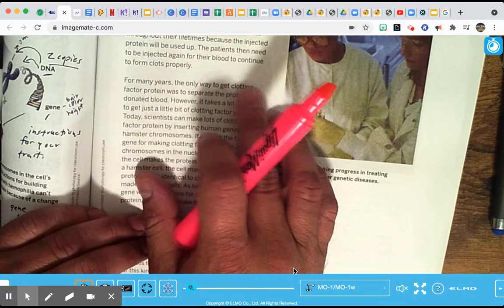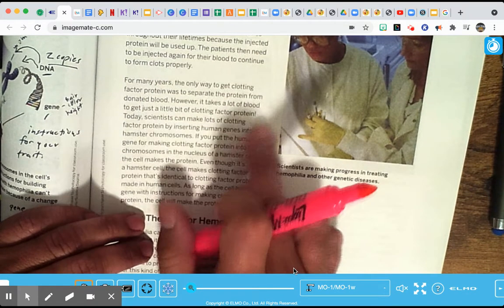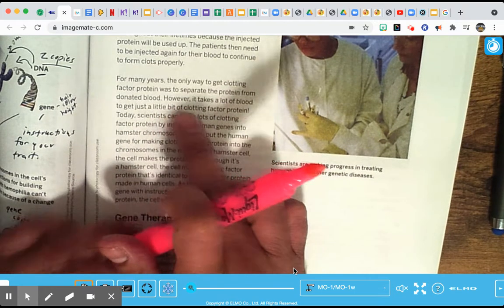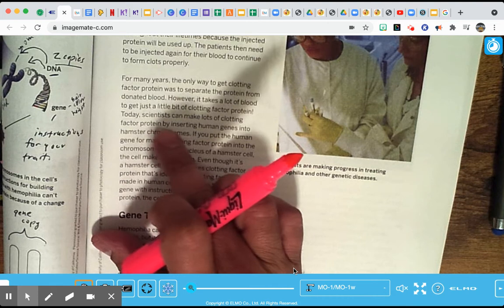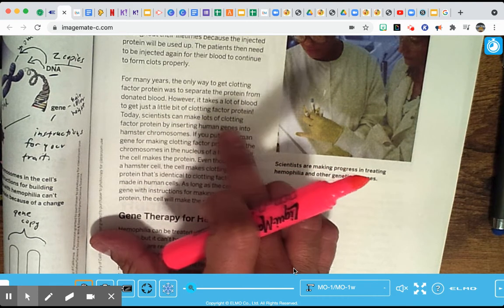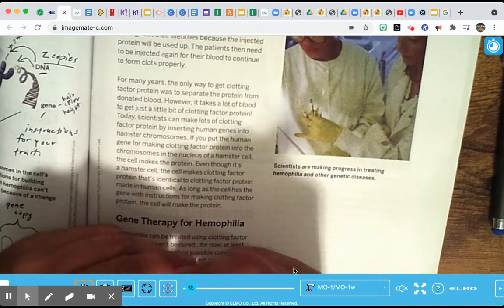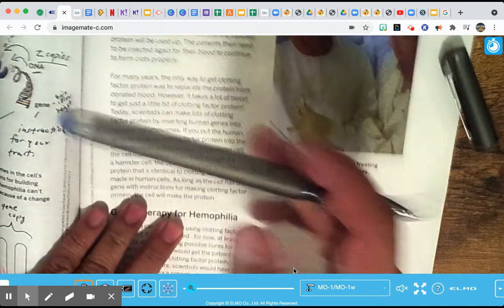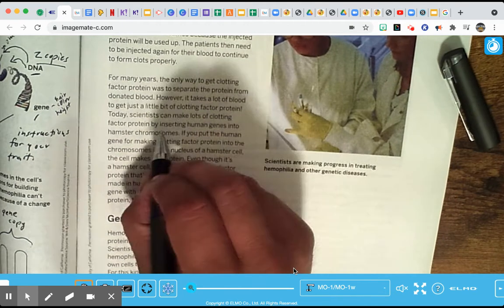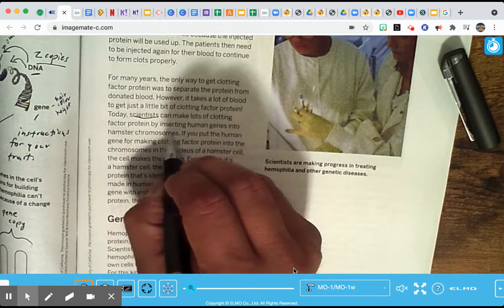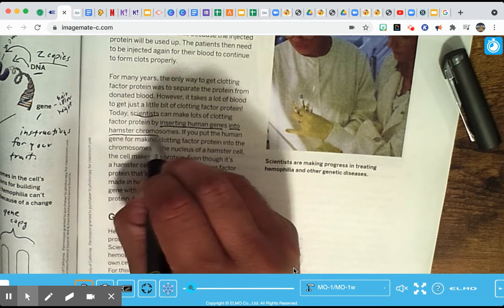For many years, the only way to get clotting factor protein was to separate the protein from the donated blood. However, it takes a lot of blood to get a little bit of clotting factor protein. So today, scientists can make lots of clotting factor protein by inserting human genes into hamster chromosomes. Interesting. So scientists insert human genes into hamster chromosomes.